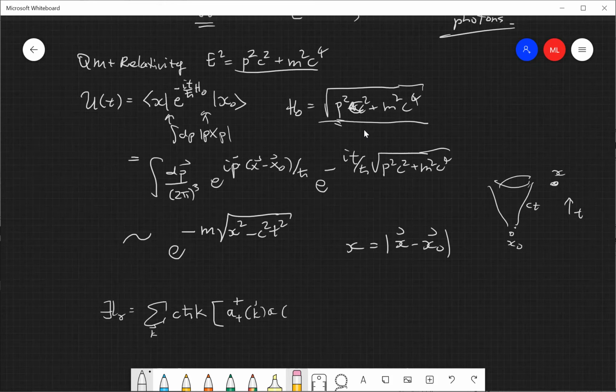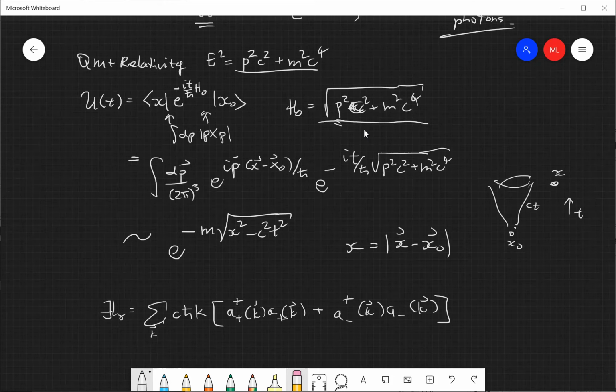And these are just the number operators for counting those up. And then we have the ones with left and right-handed polarization, right? So these are plus or minus notation here. And these are just the number operators associated with counting up the number of photons there. So that would be a photon Hamiltonian.